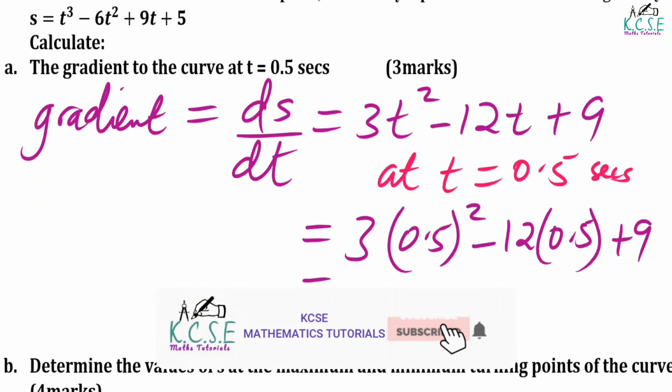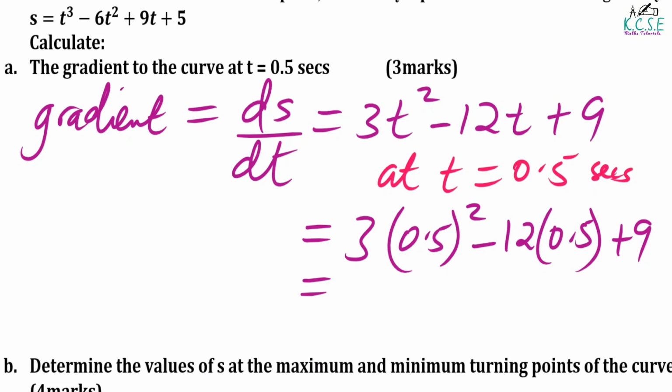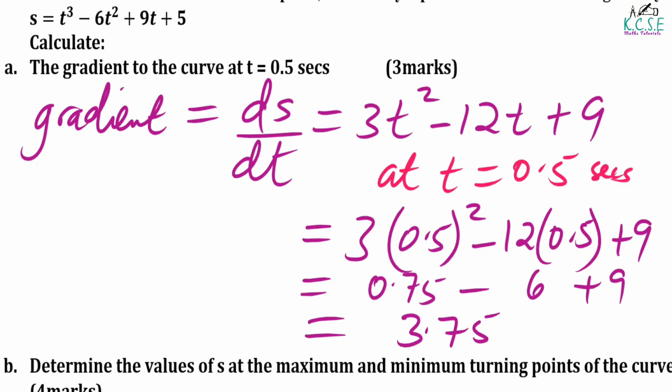Differentiating to get the gradient, then substituting that value of t, which is 0.5. And when you do this, this will give 0.75 minus 6 plus 9. Therefore, when you work out this, the gradient will give 3.75. That will be the gradient.